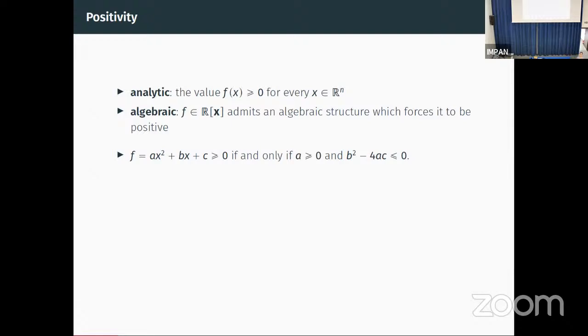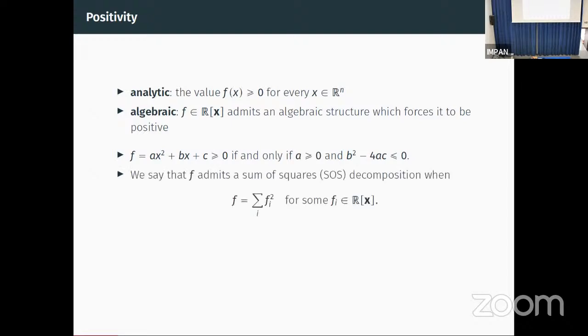Actually, if you think about the function as a parabola, just shifted right and left and then up and down, this is the same thing as getting a sum of squares decomposition. So if I know these two things about the polynomial, I can produce a sum of squares decomposition.